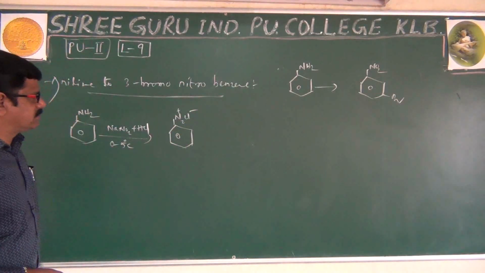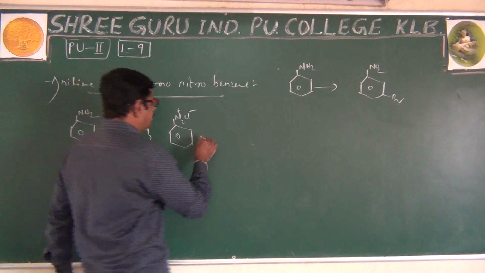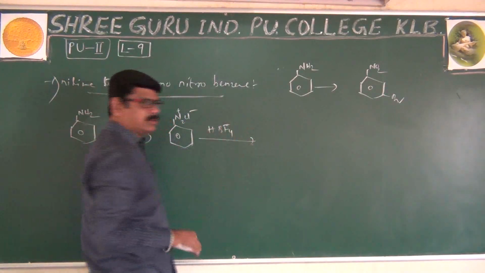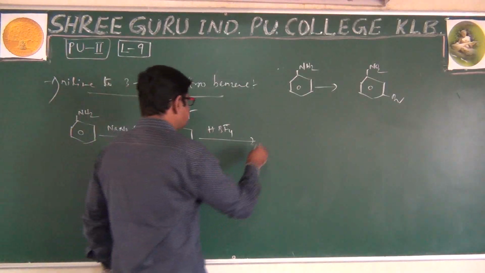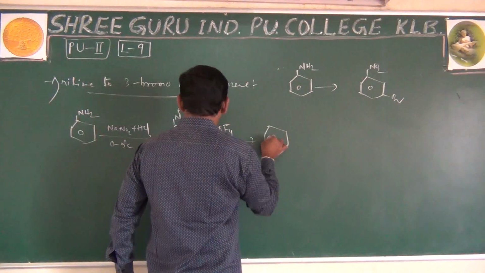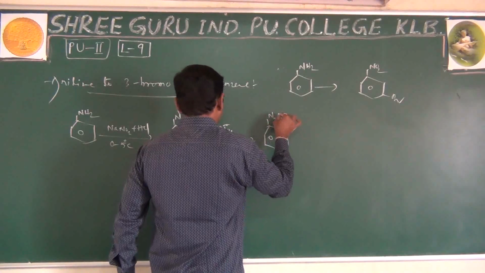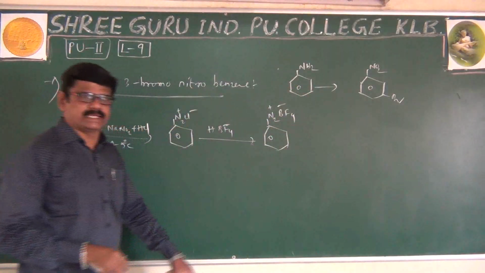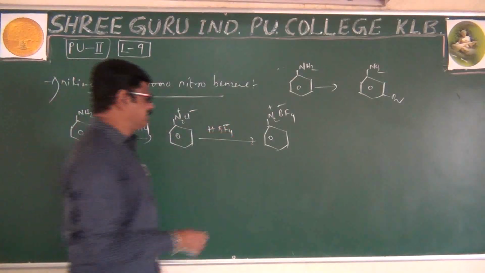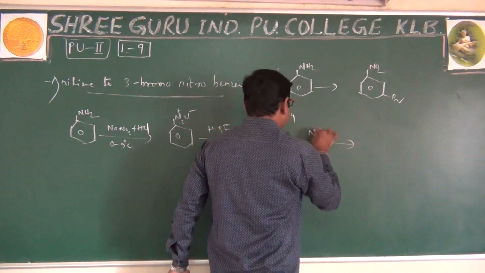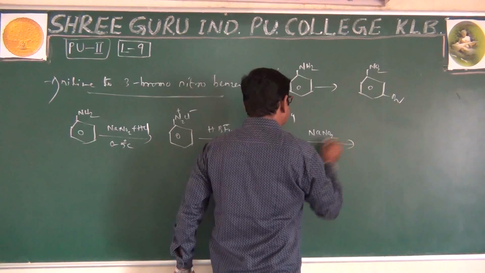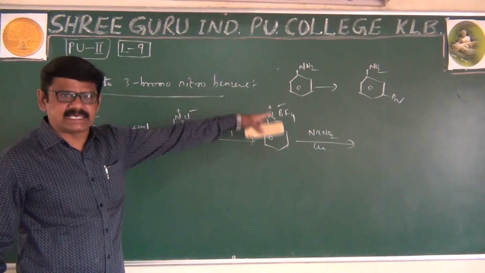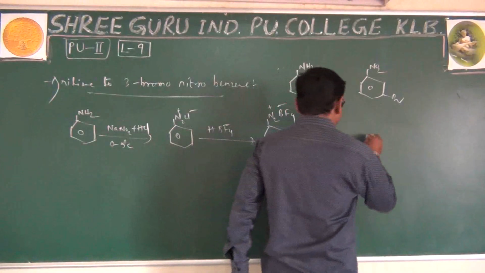And this benzene diazonium chloride reacts with HBF4, fluoroboric acid. We will get N2BF4, benzene diazonium fluoroborate. When this is reacted with NaNO2 in the presence of copper, the diazo group is replaced with the NO2 group.